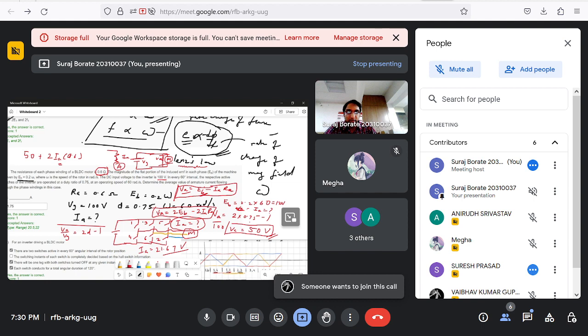The switching instance of each switch is completely decided based on the Hall switch information. If you look at the Hall switch information, it is not invertible. This is the Hall switch graph.